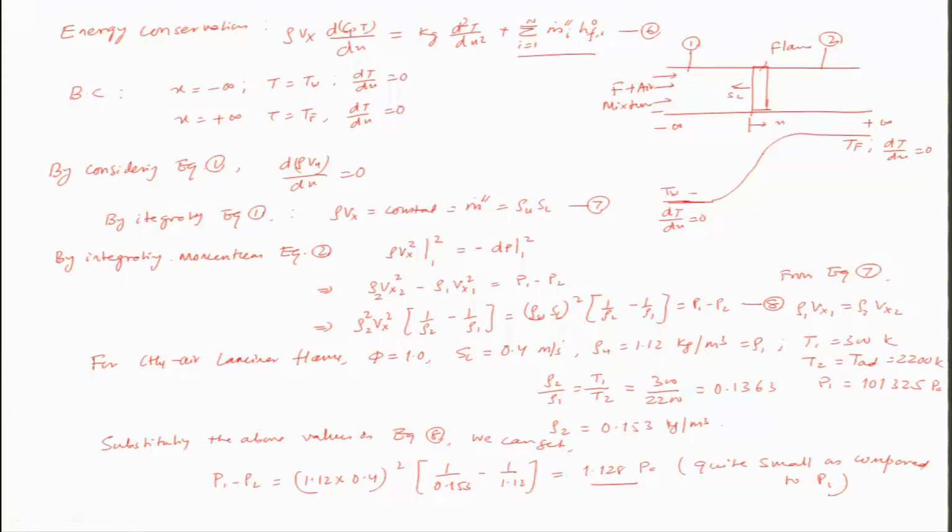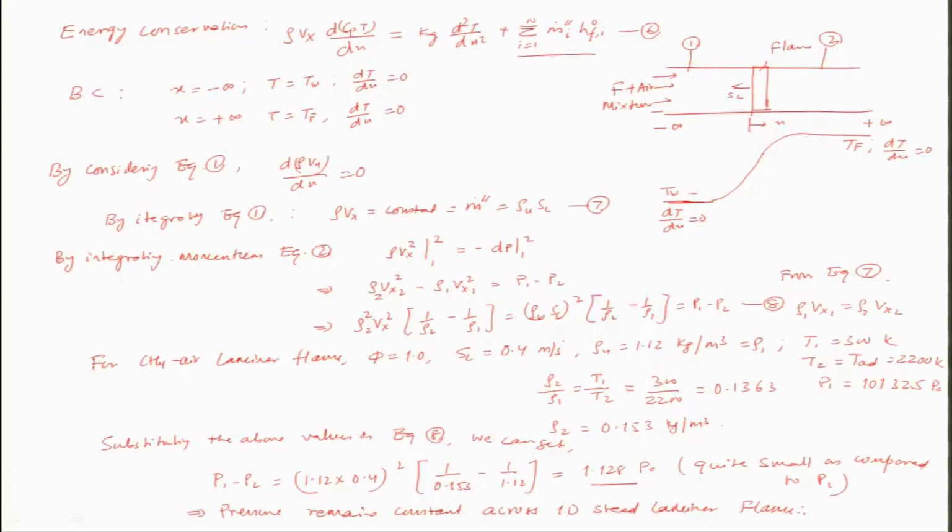Therefore, it implies pressure remains constant across a 1D steady laminar flame. Therefore, there is no need to consider the momentum equation. The momentum equation basically turns out to be 0, right?